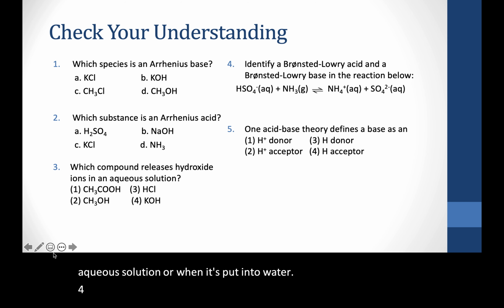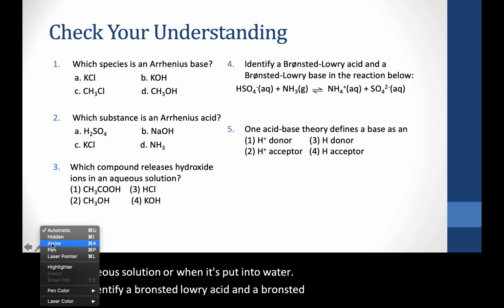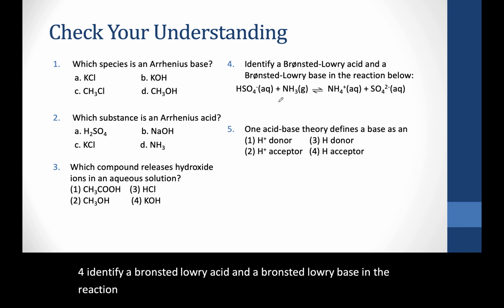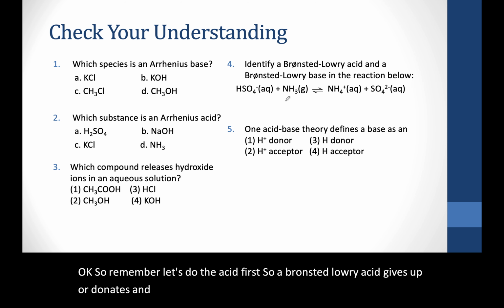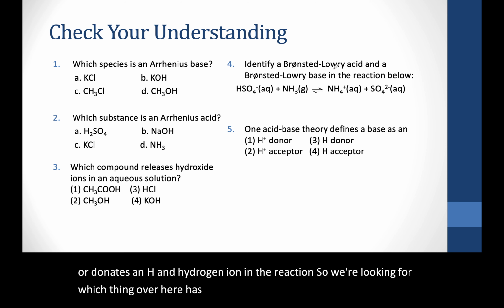Number 4, identify a Bronsted-Lowry acid and a Bronsted-Lowry base in the reaction below. Okay, so remember, let's do the acid first. A Bronsted-Lowry acid gives up or donates a hydrogen ion in the reaction. So we're looking for which thing over here has one less hydrogen over here.